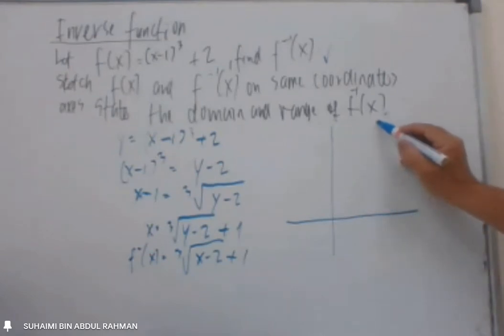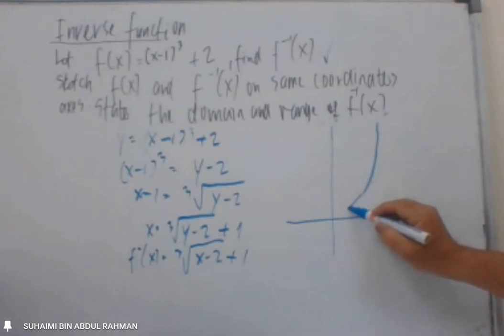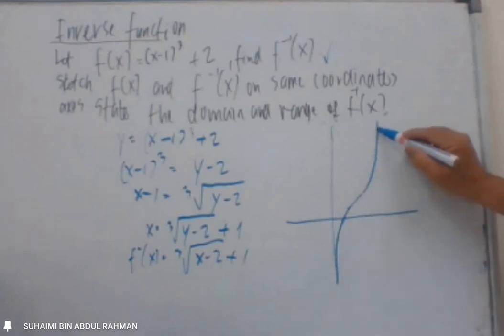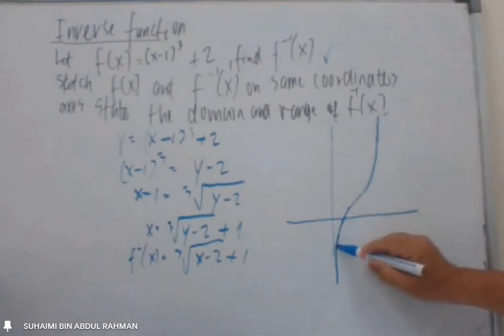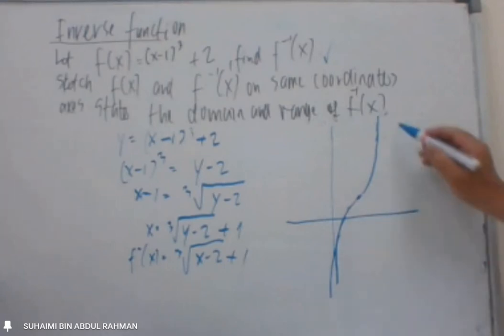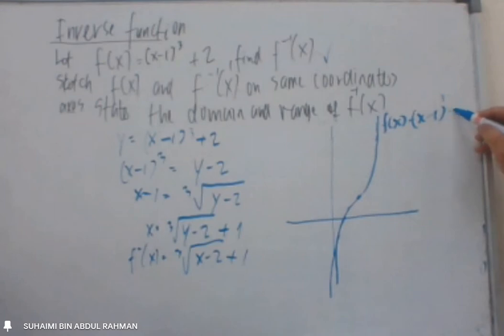So therefore it looks like this. This is the function (x minus 1) cubed plus 2.